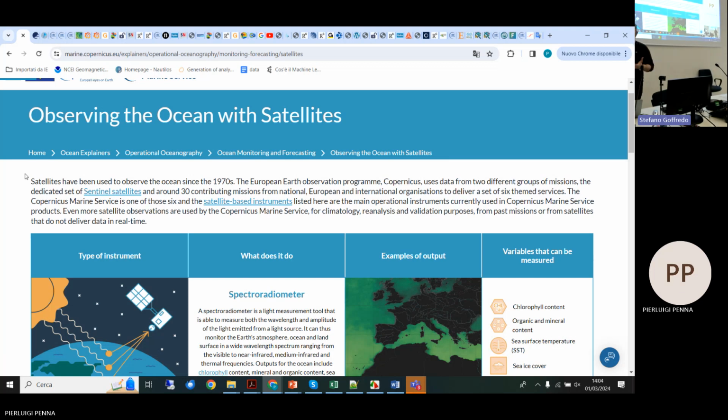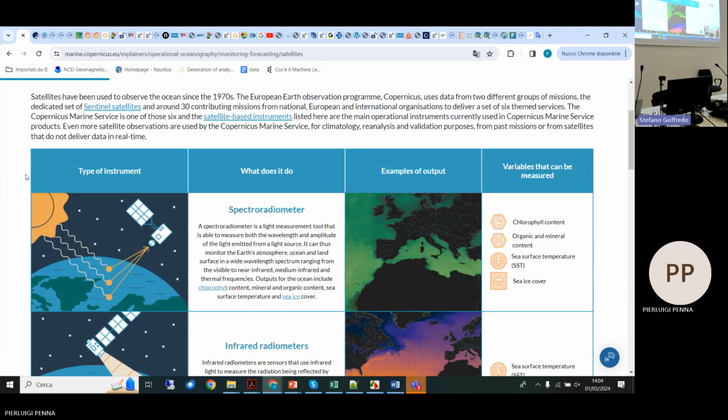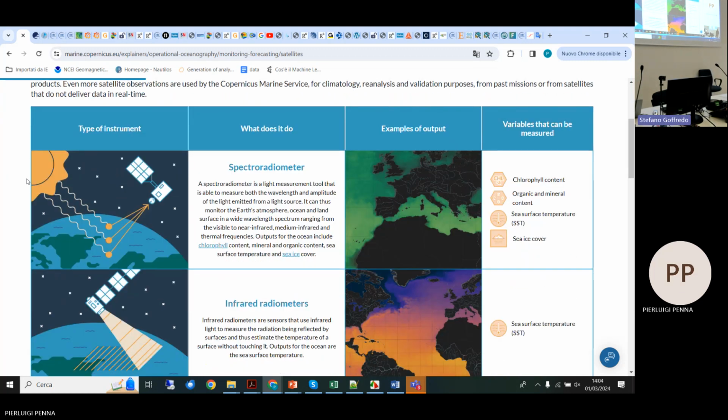So I don't want to bore you, but this is the satellite part of the ocean observation system. We have different types of satellites: true color, chlorophyll, sea surface elevation, sea surface temperature, sea surface salinity, and so on. Wave, wind.